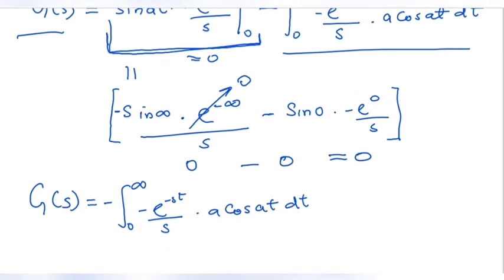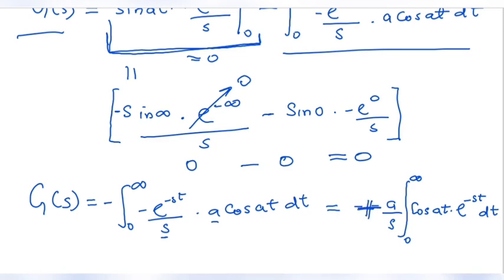From this you can see we can pull out this negative sign, we can pull out s, and we can pull out a, and if we do this, we're going to have negative a over s, and then we can bring the cosine in front. We'll have cos at e to the negative st dt. And negative negative is positive, so this is positive.